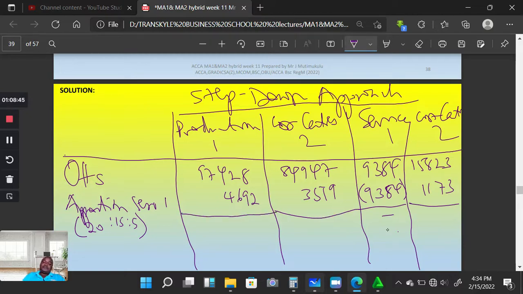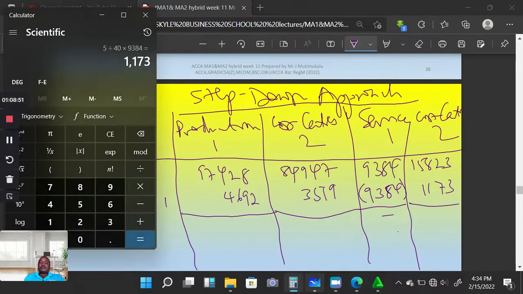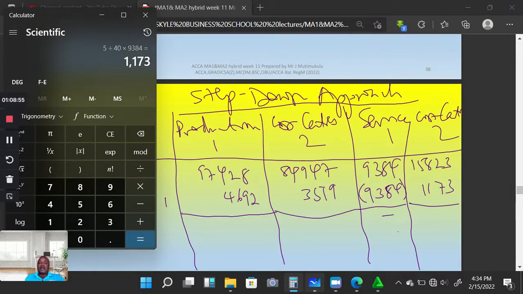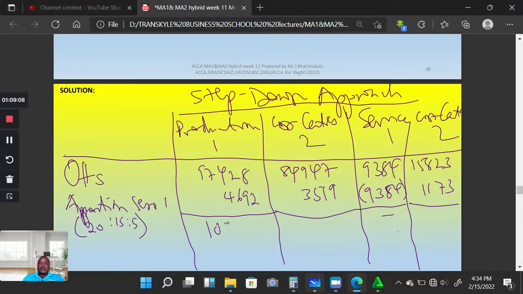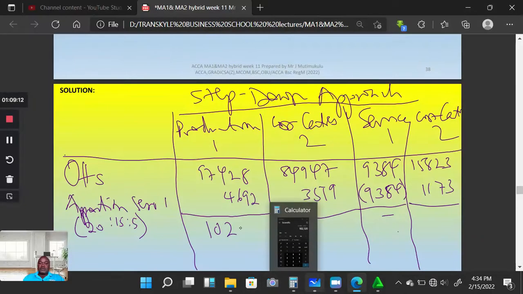So the totals will be, for the first column, 97428 plus 4692. We get 102120.